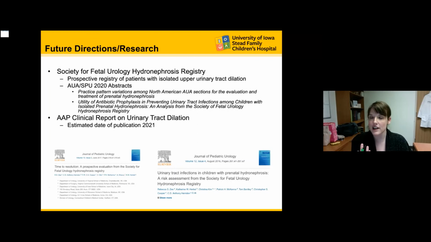So testing on outcomes going forward with this classification system is needed. And we also need better defined outcomes across institutions. There is a hydronephrosis registry, which is a prospective registry of patients with upper urinary tract dilation that is multi-institutional.